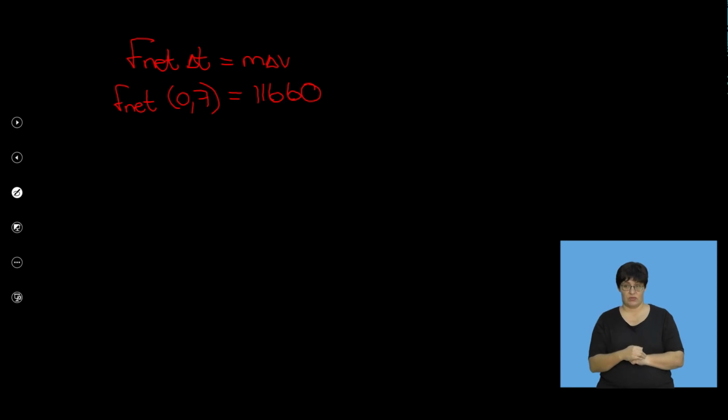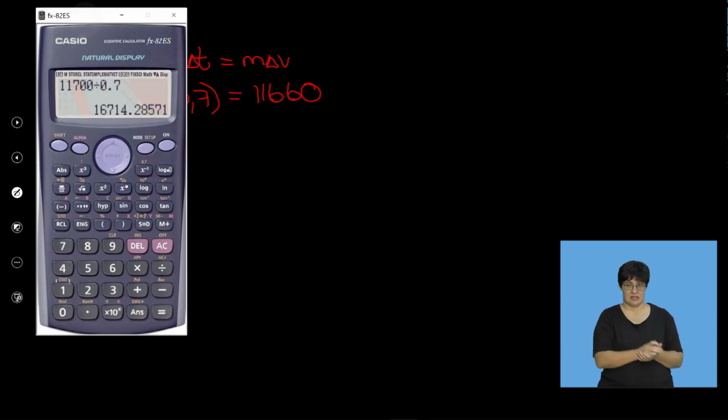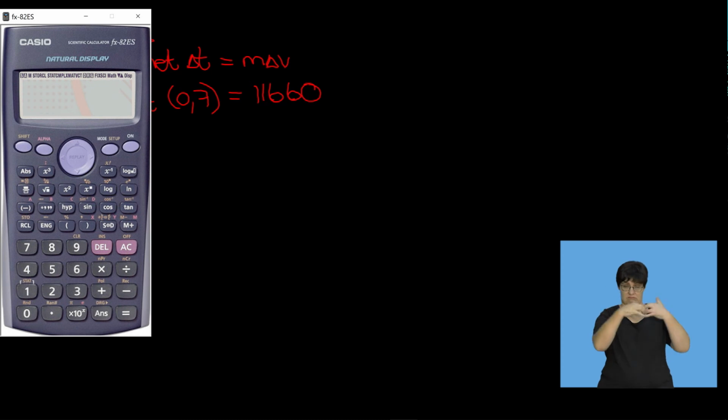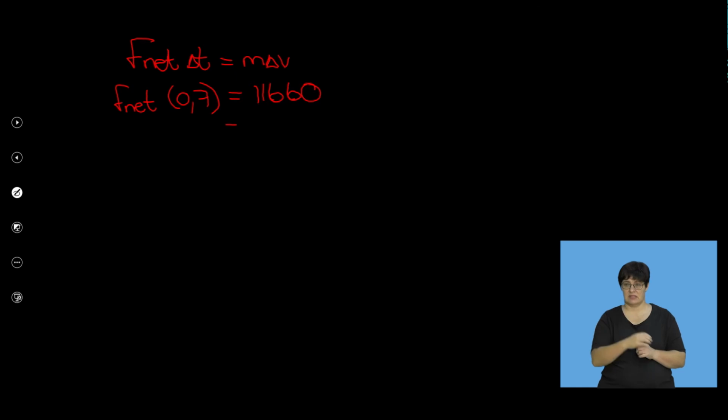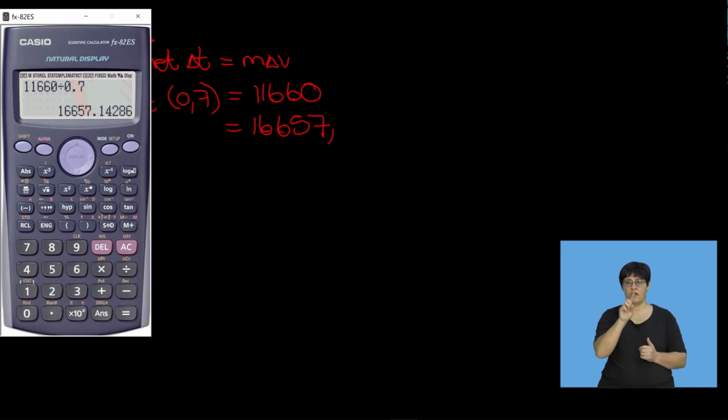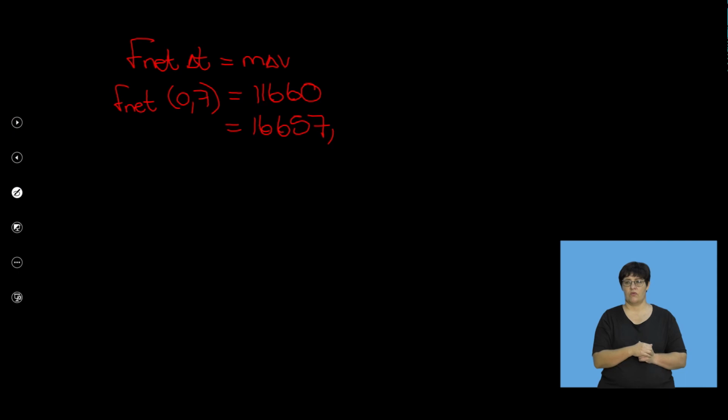So calculator, because definitely can't do this in my head. Divided by 0.7, and now we get 16,657.14, and this is to the right.